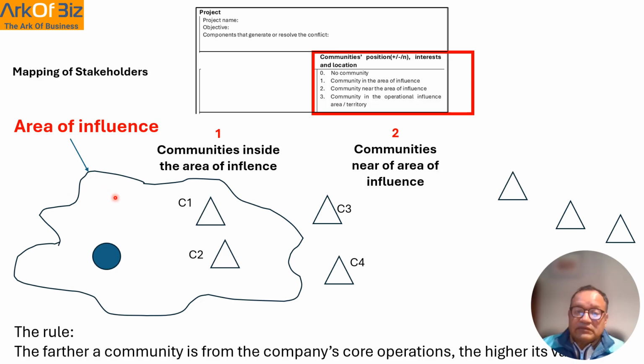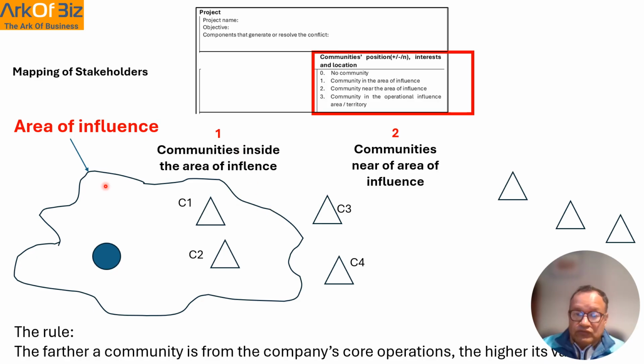the result is that some communities are directly located inside the area of influence. For example, here we have C1 and C2. What happened? Usually, the company works with these communities on social projects that benefit the community members. These communities are assigned a value of 1.